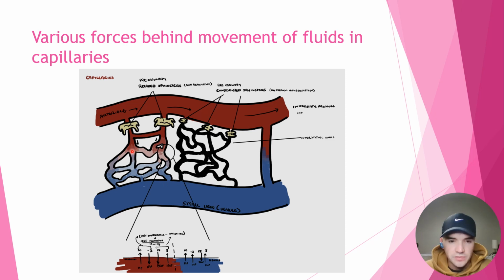Not a lot of pressure here. Here, I drew it as black, showing there was stale blood here. I don't really know. But these are precapillary constricted sphincters. Both of these can perform autoregulation.